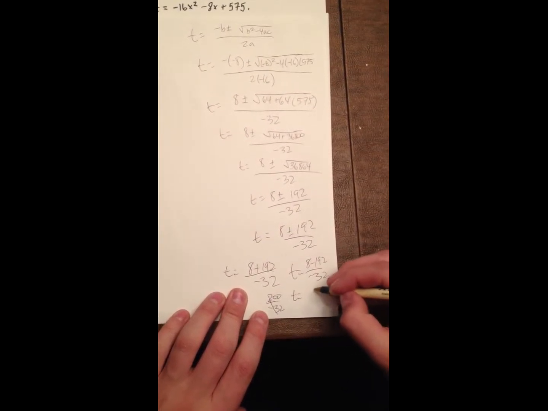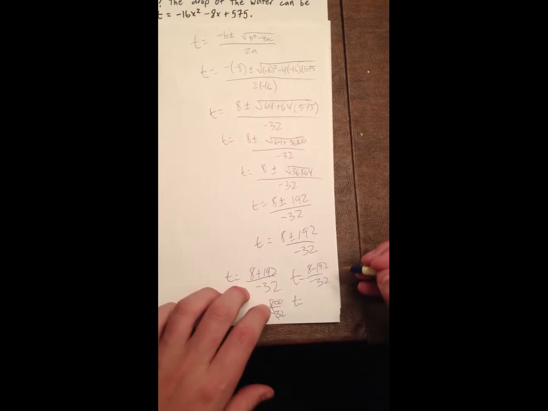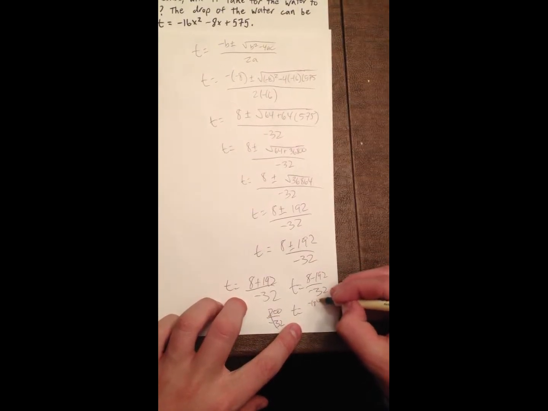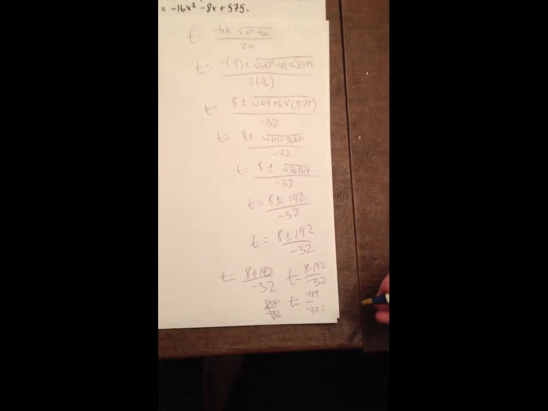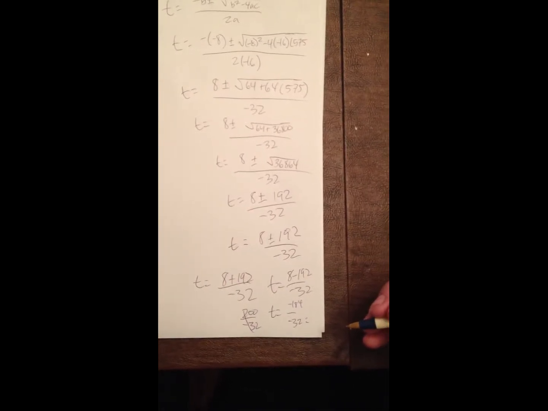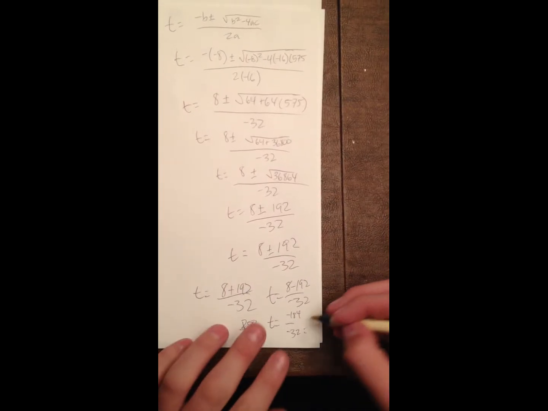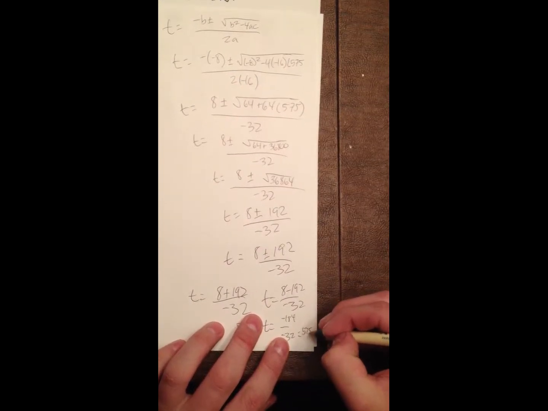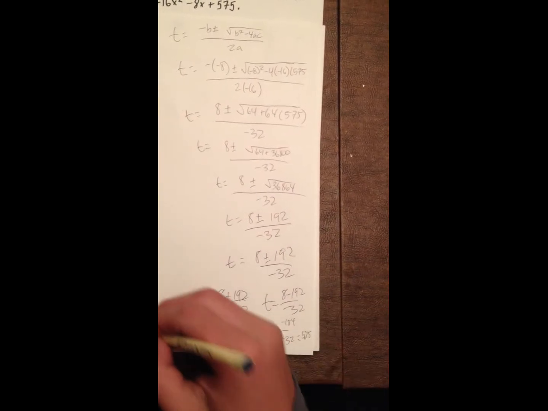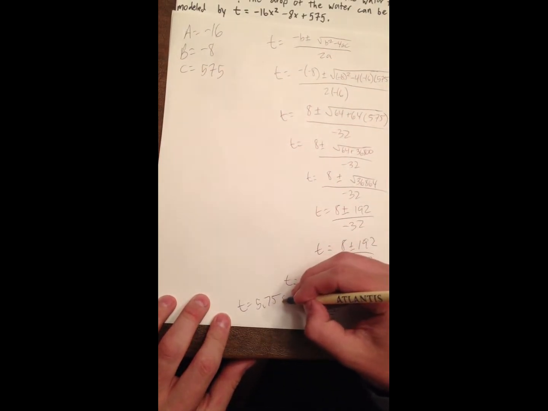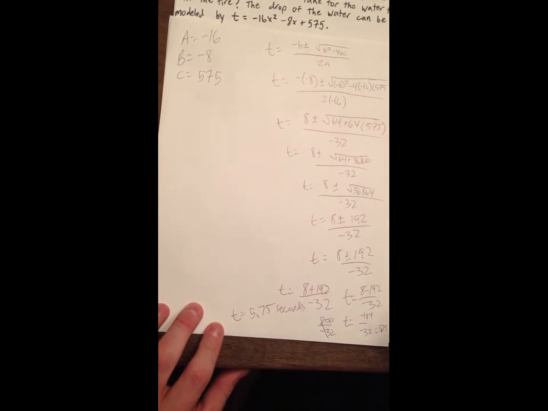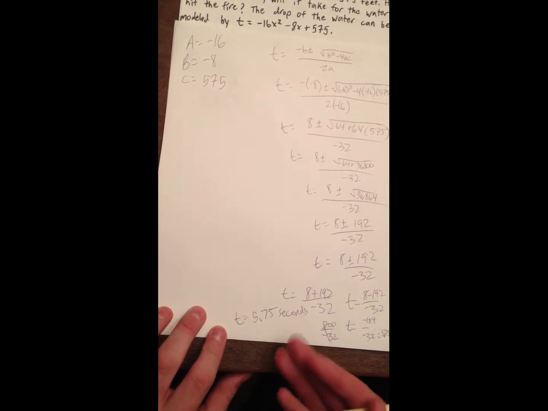So t equals 8 minus 192 is negative 184 divided by negative 32. So negative 184 divided by negative 32 is 5.75. So t equals 5.75. Our unit was seconds, so 5.75 seconds until the water hits the fire.